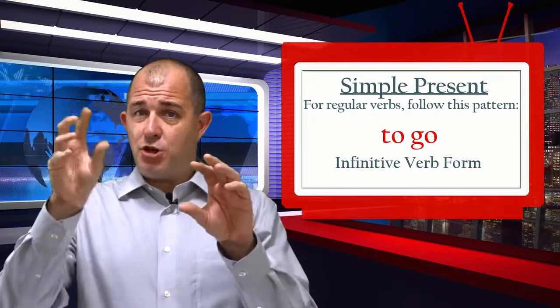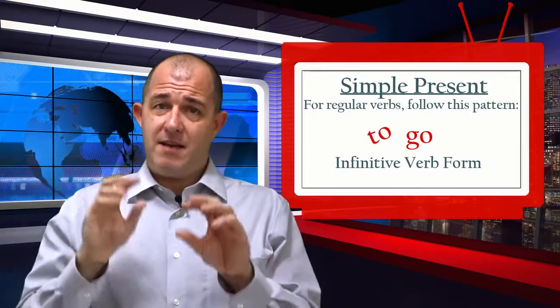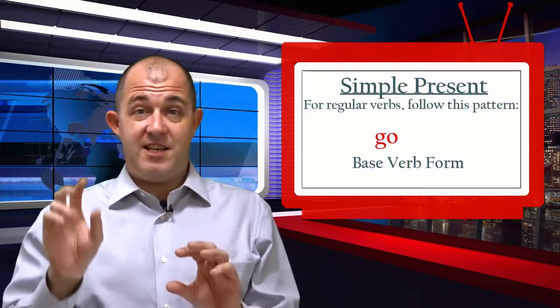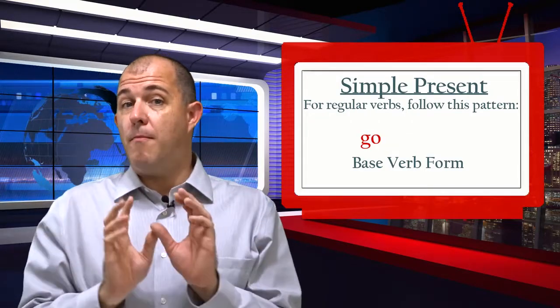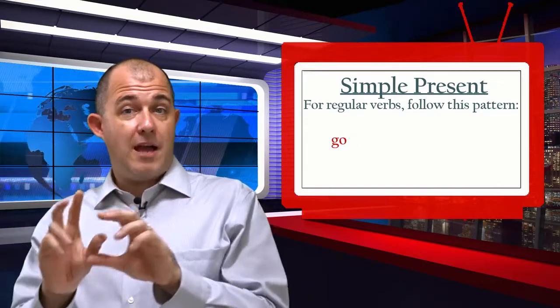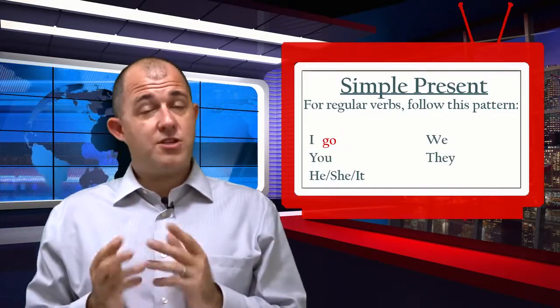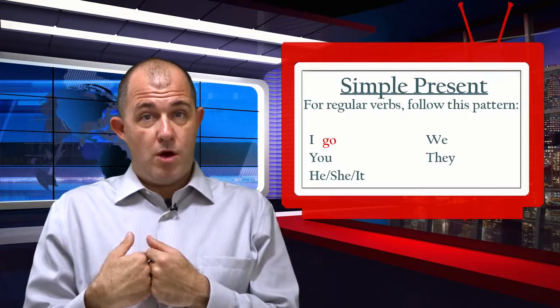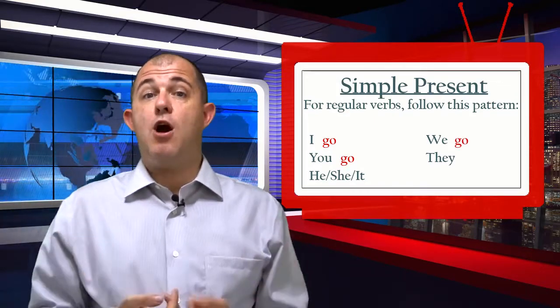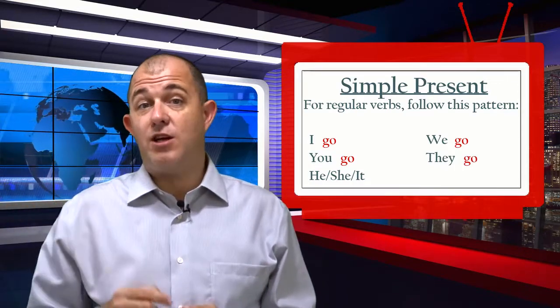You want to take to and throw it away because you only want the base verb. So if the infinitive is to go, the base verb is go. And you want to take go and put it after your subject. So I go, you go, we go, they go.